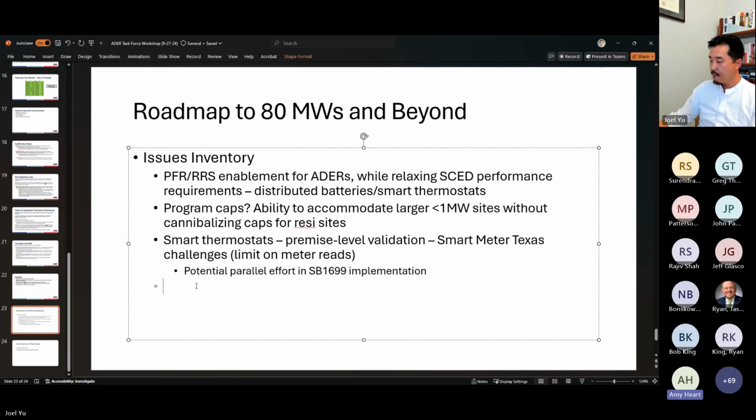And Joel, I appreciate your comments about being aware of the cap size, but also having room for a diversity of the different sizes of aggregations. So I think the technical conversation needs to happen to make sure we have a roadmap that includes all diversity of sizes.